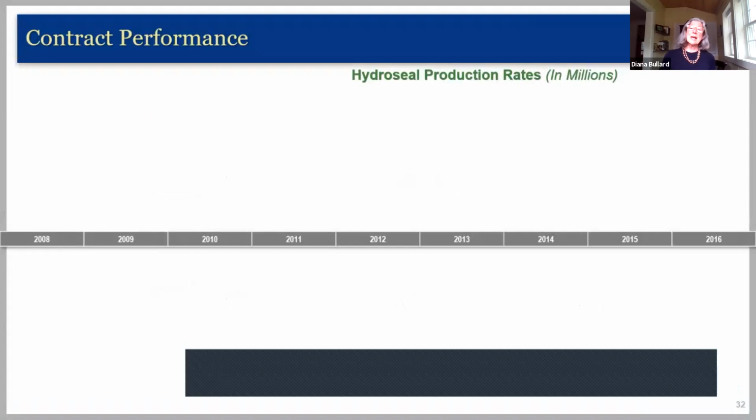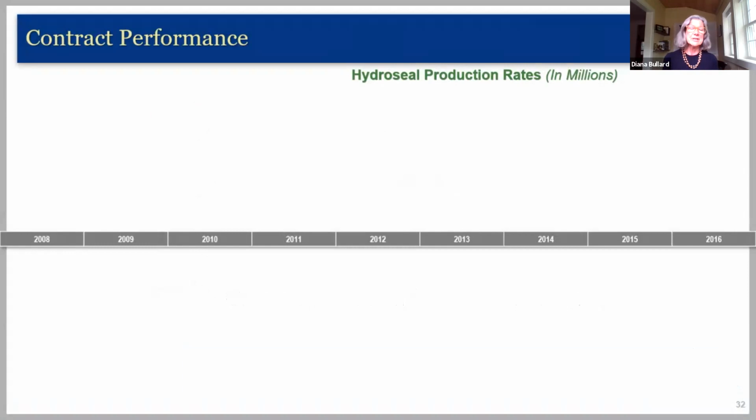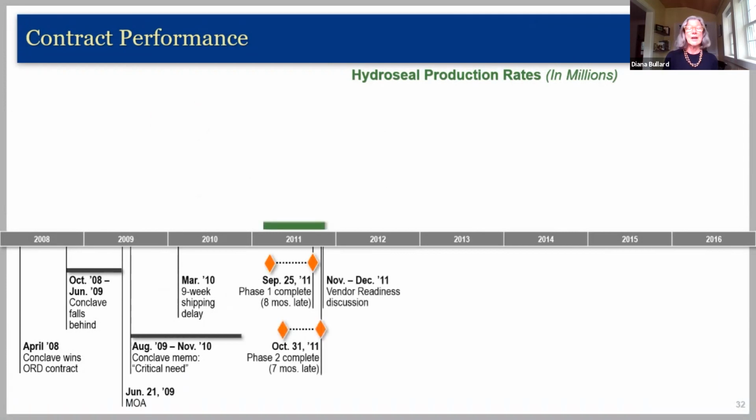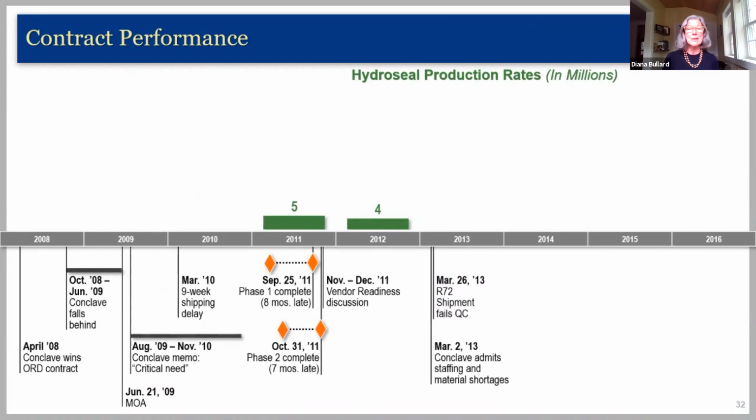Of course, a timeline is an excellent way to tell a story, especially in an opening, to get what this case is about and what the dispute really revolves around. As you'll see here from these text entries, Conclave was the respondent in this arbitration, and we were working for the claimant.